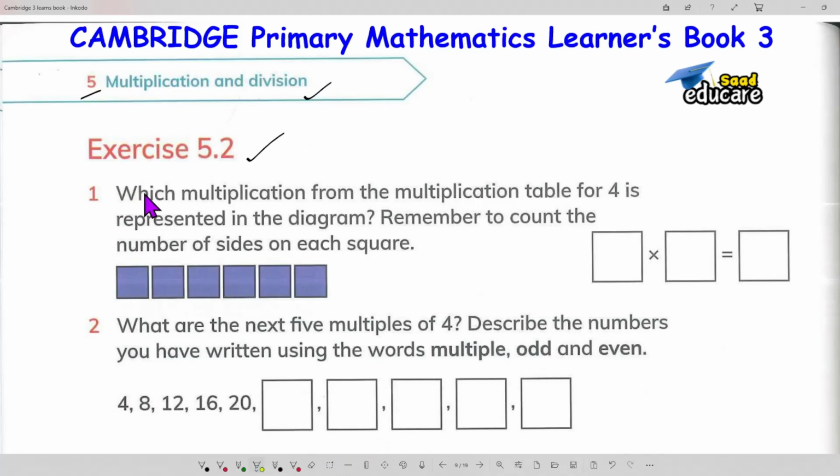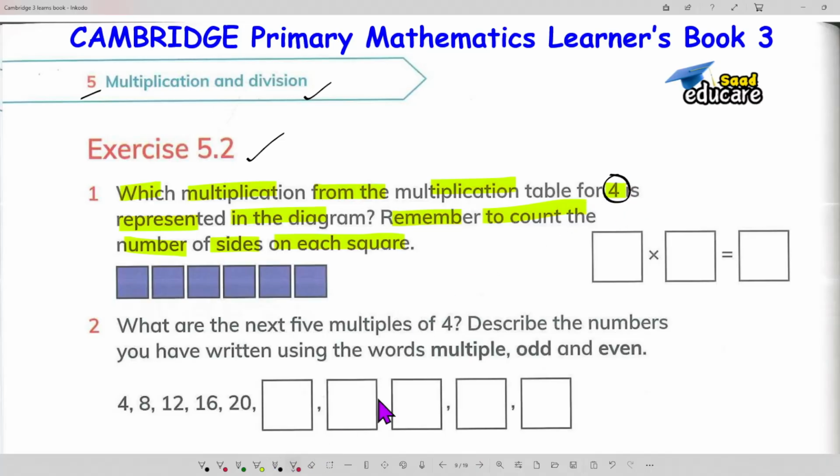First question. Which multiplication from the multiplication table for 4 is represented in the diagram? Remember to count the number of sides on each square. Look, here is the table for 4.